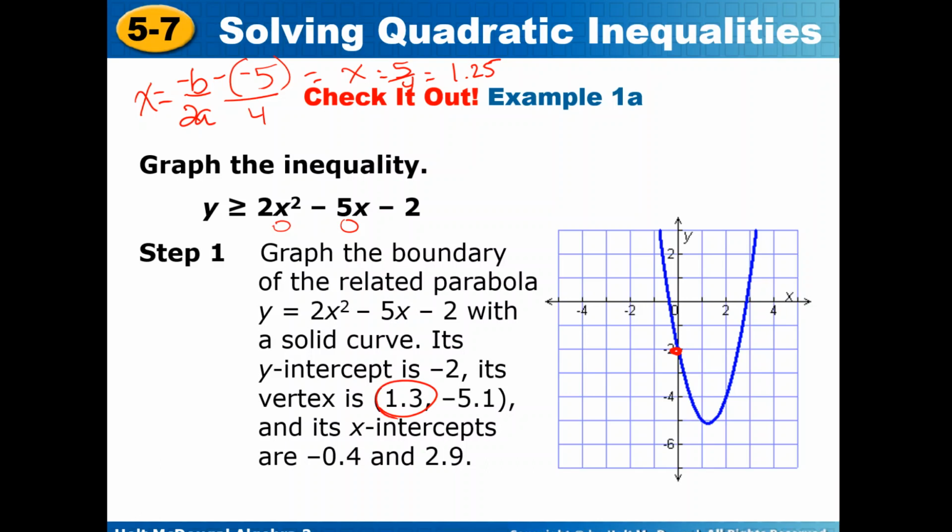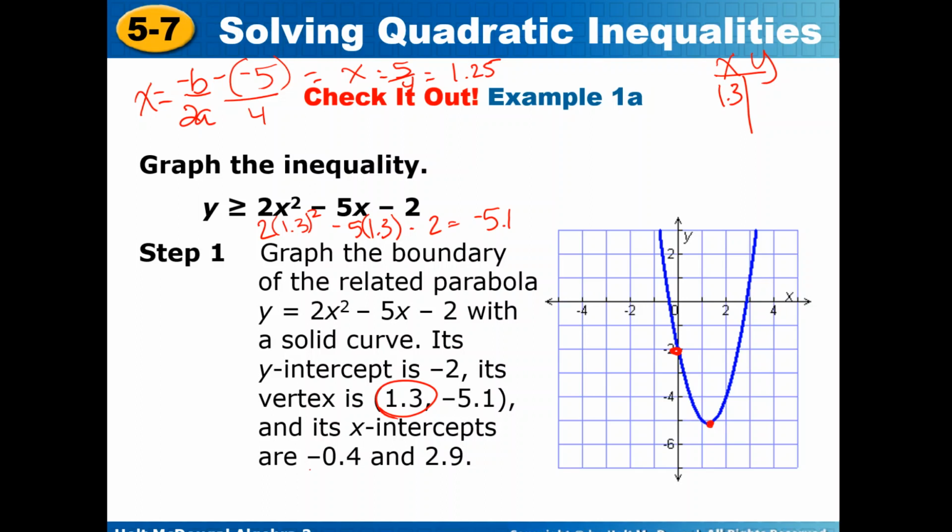They rounded it to 1.3. And when I fill that 1.3 back in place of my x's to find the y coordinate, I have 1.3 squared minus 5 times 1.3 minus 2. Put that in there, and it ends up being negative 5.1. So here's my point here.